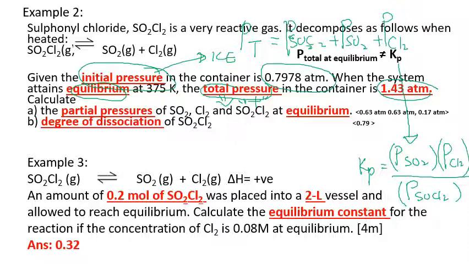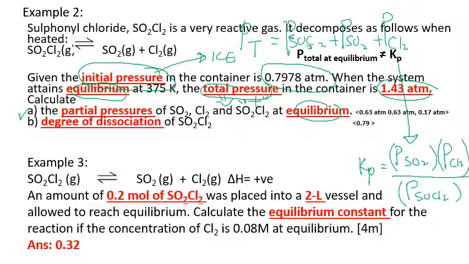Okay, now look at the question. Calculate the partial pressure at equilibrium. From the question, we only have the initial pressure. So we cannot substitute the value of the pressure into the Kp expression directly. Then we need to use an ICE table.